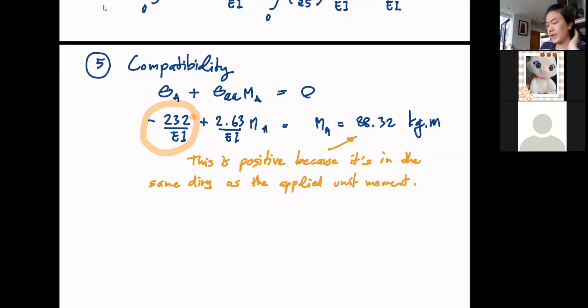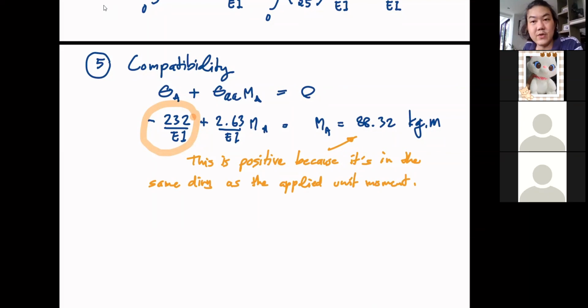So again, we can use the superposition to calculate our reactions.